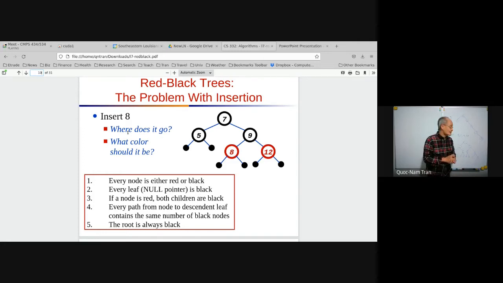So that said, let me have this tree again, and I will use one example for inserting, for example, 5.